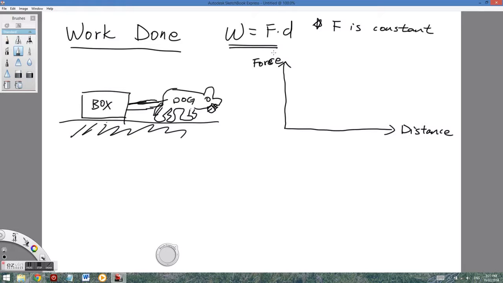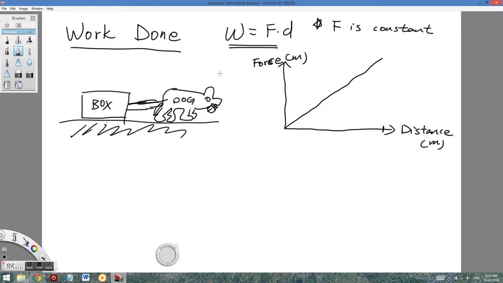Assume they move steadily. I assume the dog is really nice, so the dog moves. The graph looks like that. The further away it moves, the more force it applies to the box.